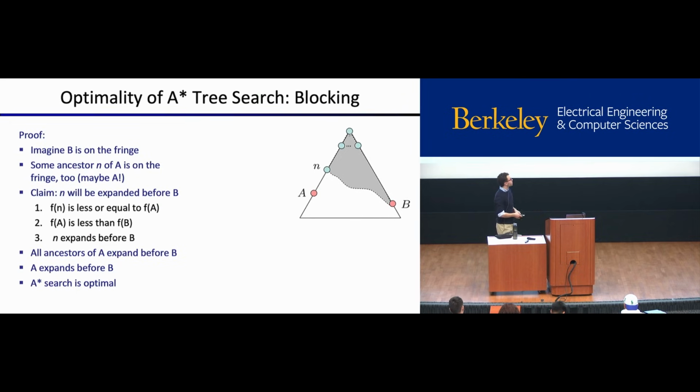Yeah, so this works for more than one goal node also, because you're always going to expand the N node before, let's say you have B and C both on your fringe.